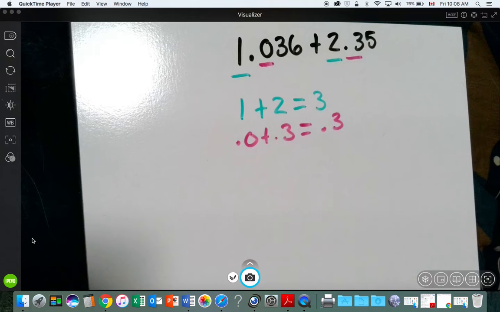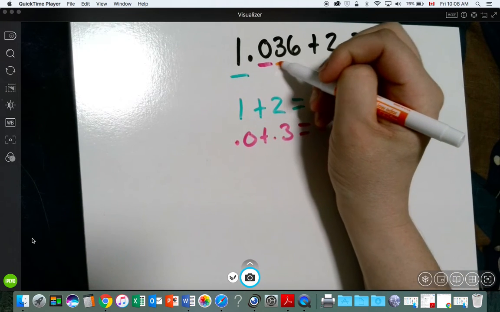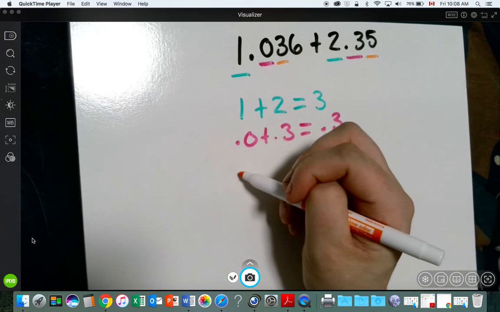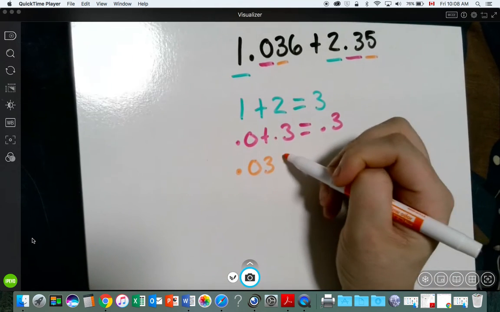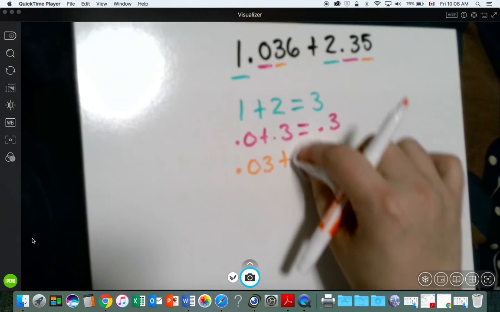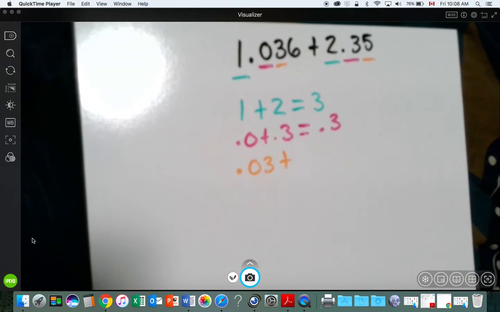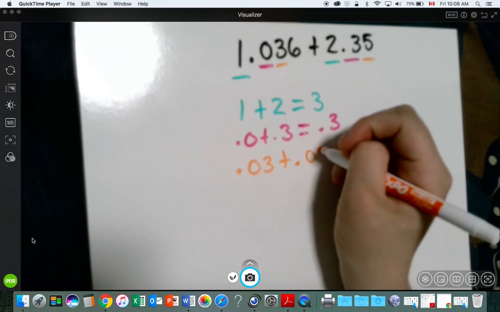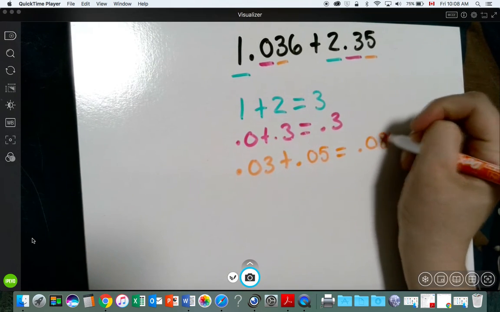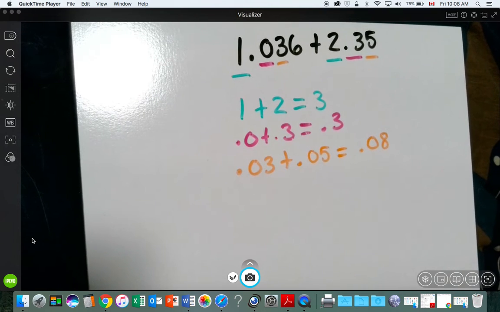And then we have 0.03 plus 0.05, that gives you 0.08.